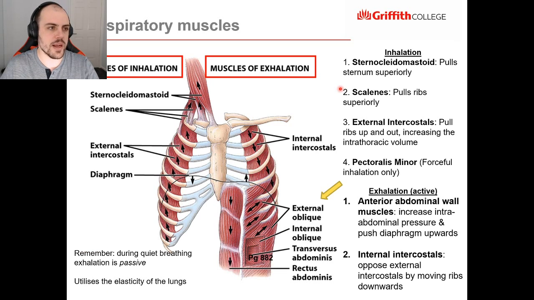Let me move myself around here. So with forced inhalation, this is where we see our sternocleidomastoid, the scalenes, pectoralis minor, pectoralis major for a minor bit, and of course our external intercostals. Okay, all of these muscles are going to be working together for the purpose of lifting the ribs up, lifting the ribs out, and really expanding that volume.